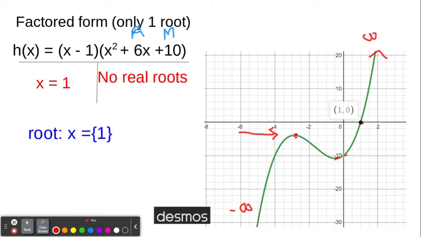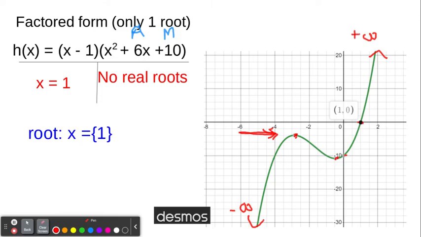So here, my function has only one root because the max here came up and just never got high enough to reach the x-axis. So there's only one intersection with the x-axis until it goes up into infinity. If you think about it, there has to be at least one root. There has to be at least one intersection with the x-axis if this function is going to travel from negative infinity to positive infinity.